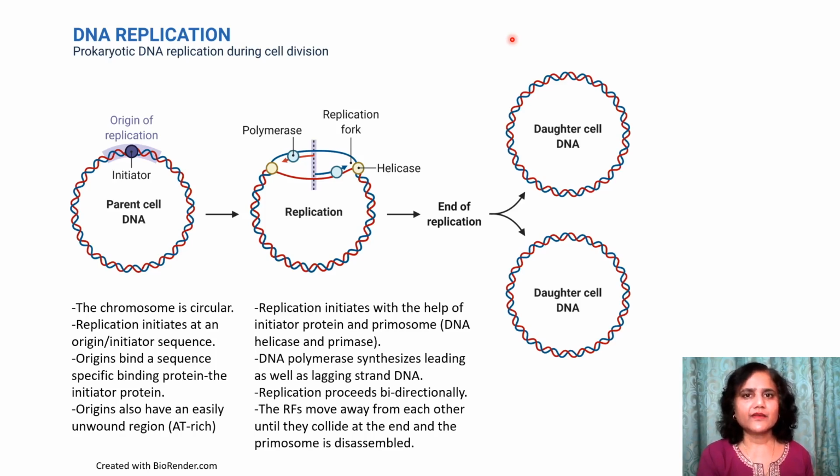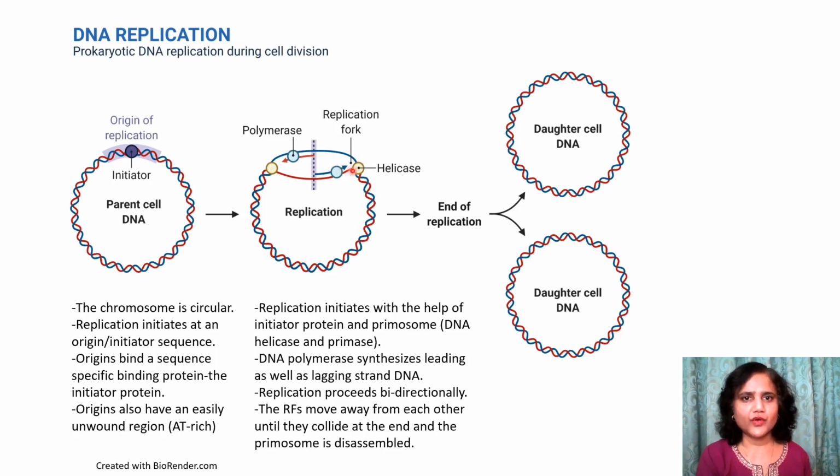Replication initiates with the help of initiator protein and a primosome. Primosome consists of a DNA helicase and a primase. The DNA helicase unwinds the DNA, and the primase, of course, as explained, lays down a primer. The DNA polymerase synthesizes leading as well as lagging strand DNA, and replication proceeds bidirectionally.